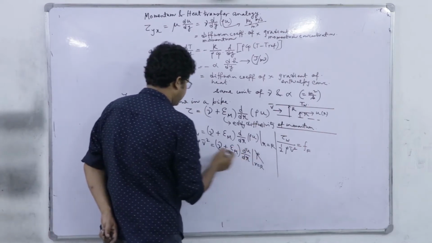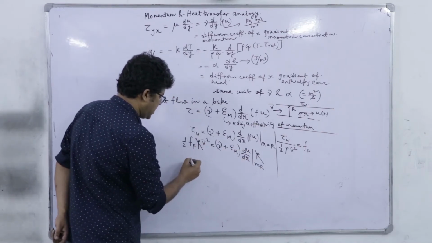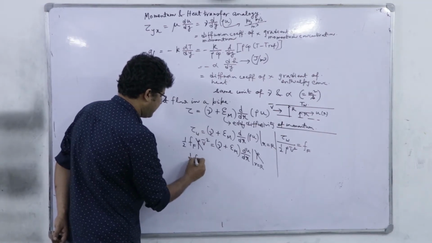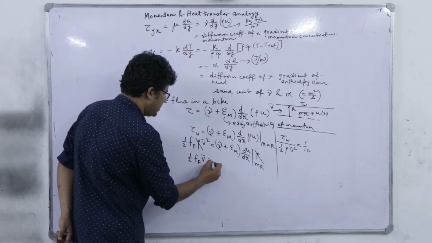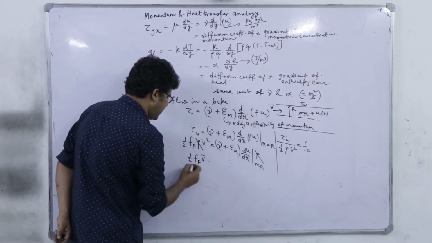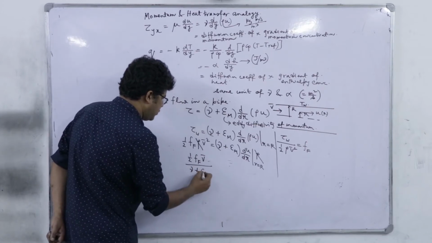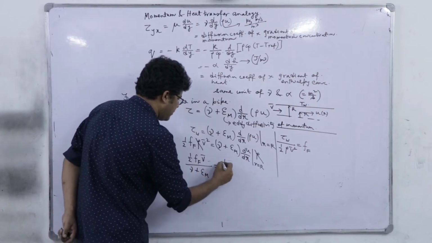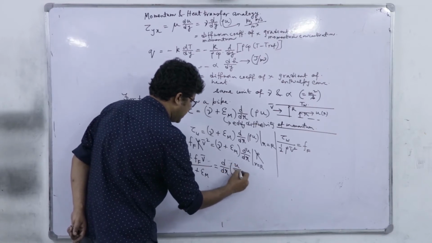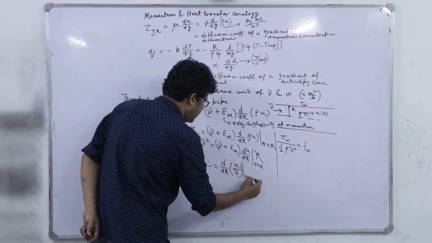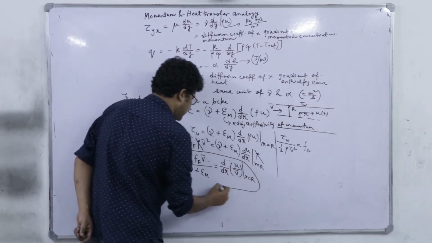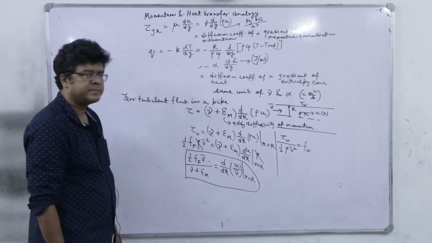So, this rho cancels out, and we get that half Ff into V bar divided by nu plus epsilon m will be the dimensionless velocity gradient at wall, right. This is the expression for dimensionless velocity gradient at wall.